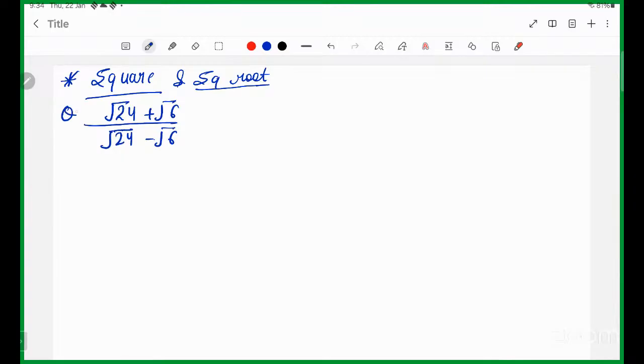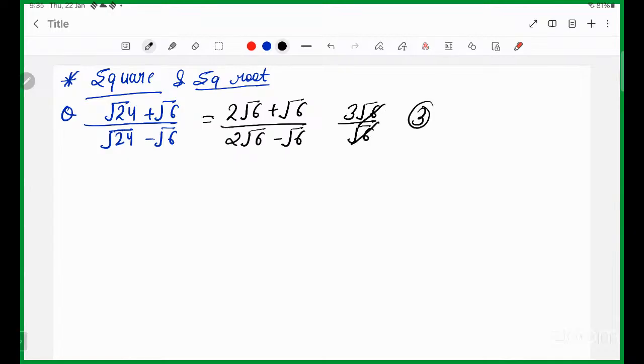How will we solve? Can I write root 24 as 2 root 6, and root 6 as root 6? Upon 2 root 6 minus root 6. So it will be 3 root 6 upon root 6, which will be 3.